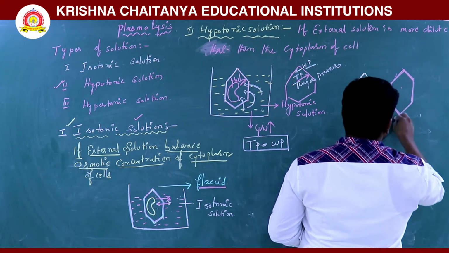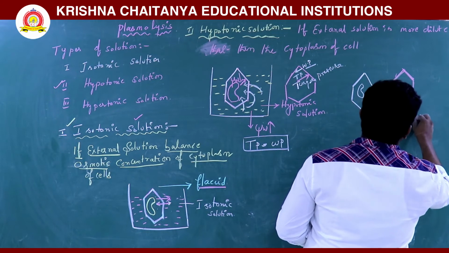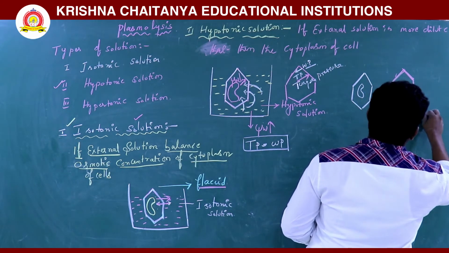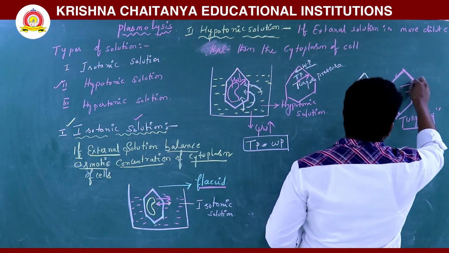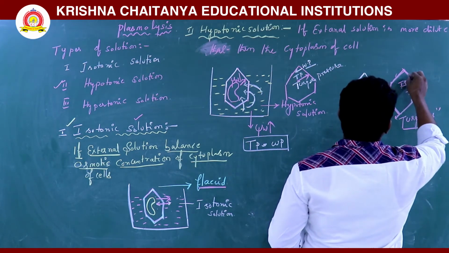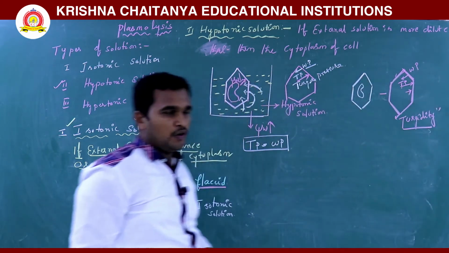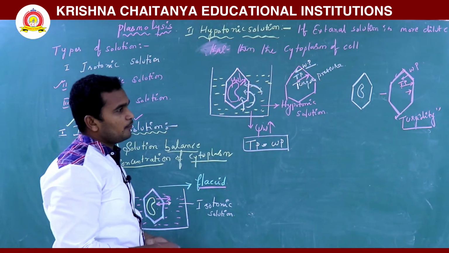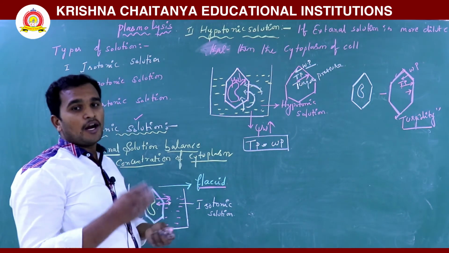This swelling is nothing but turgidity, due to the turgor pressure. Opposite to it, wall pressure is also produced, because the cell wall is there. That's why the cell does not burst.